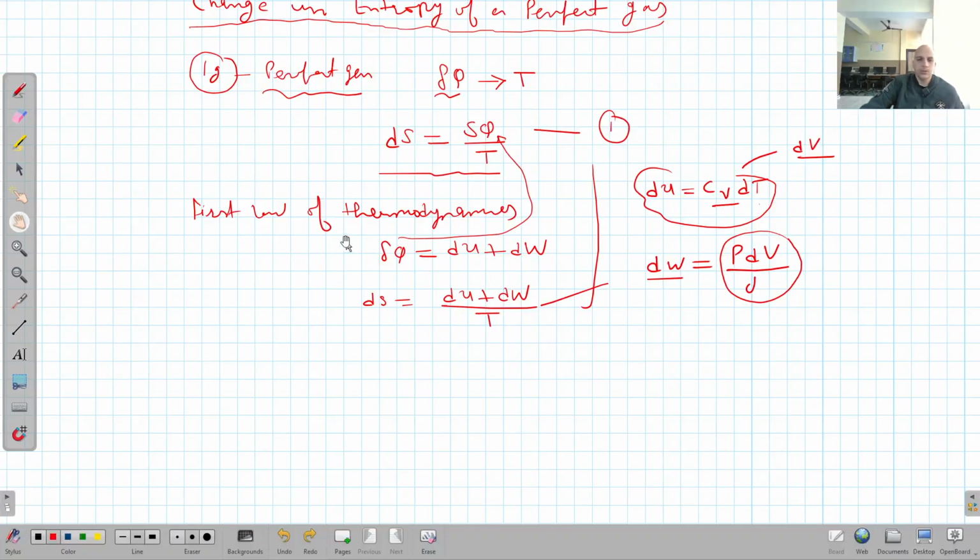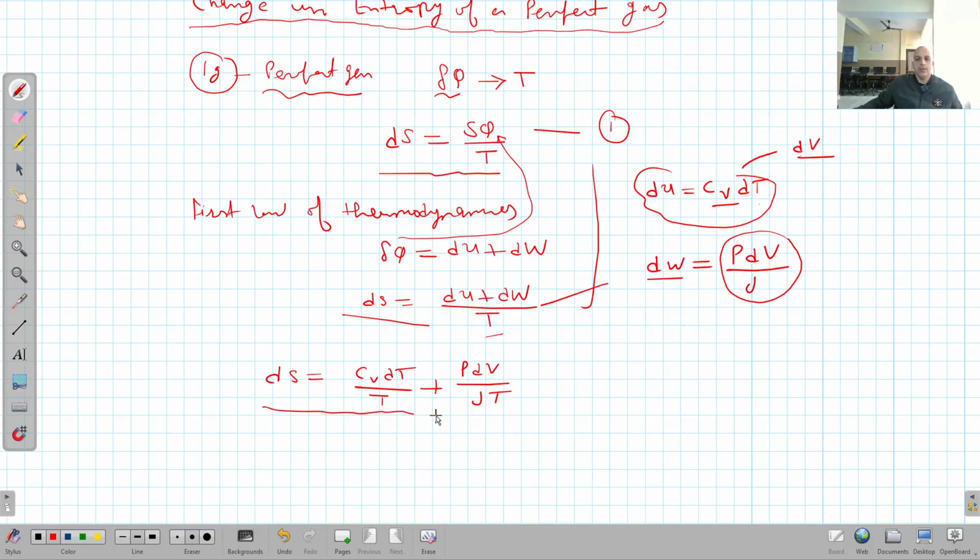When you put these values in this equation, you get dS equal to Cv dT upon T plus dW, which is P dV upon J, divided by T. Clear?